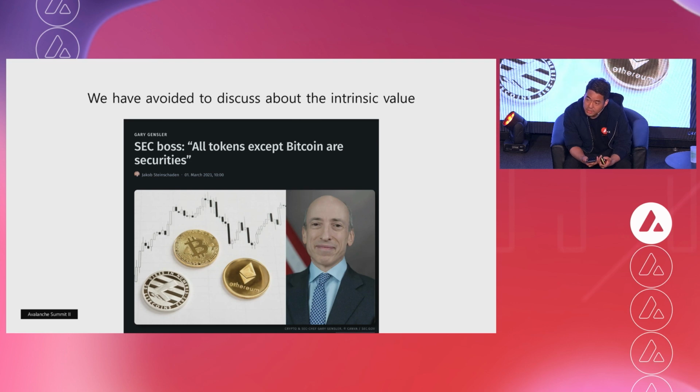If classified as securities, it would be really hard to build a decent Web3 token economy due to the strict securities laws that have been in place for over 100 years. Isn't it ironic that the regulation which should protect investors functions as an obstacle for crypto assets to accrue intrinsic value? It's a big irony, in my opinion.